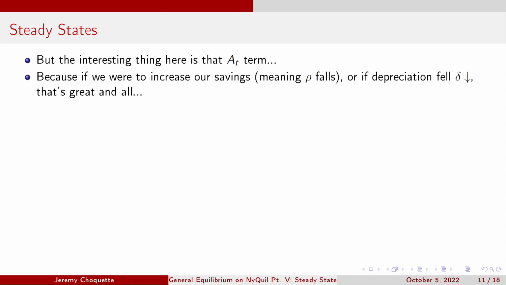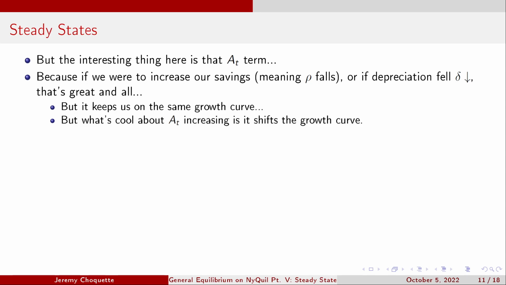All right, but let's go back to that A term. Let's say we were to increase our savings, which means that rho falls, or if depreciation falls. That's awesome, okay? That keeps us on the same growth curve. But what's cool about A is that increasing it is actually going to shift the growth curve. It's one of the cool little things that I didn't tell you about when I showed you the firm's production function. I wanted to wait until we get to here, because then you can see how it works and the way all these moving parts are operating.